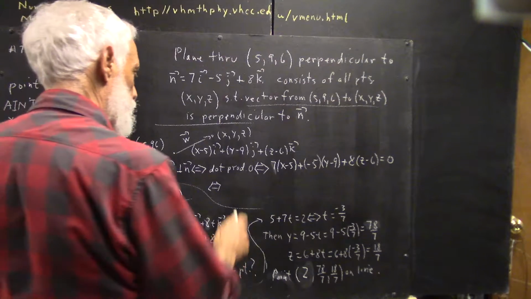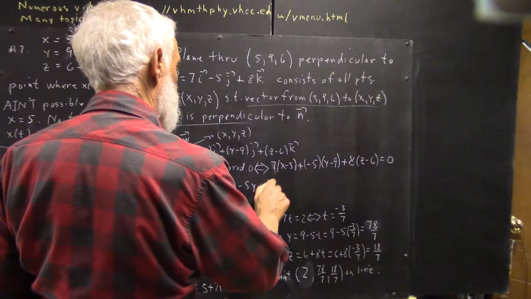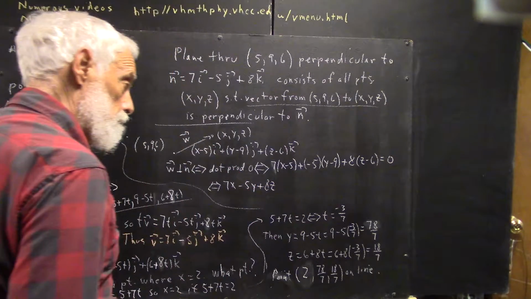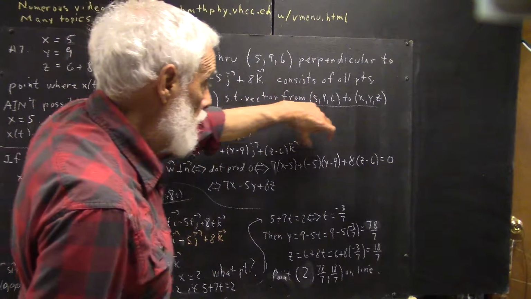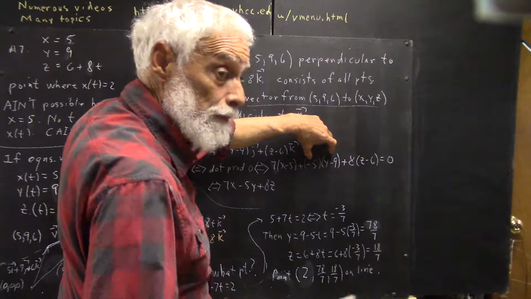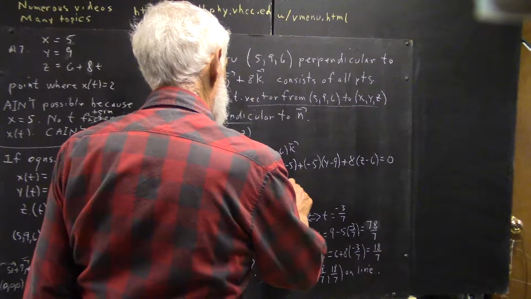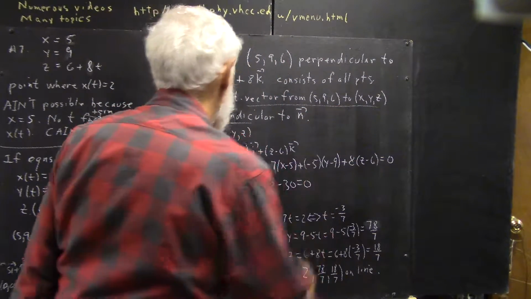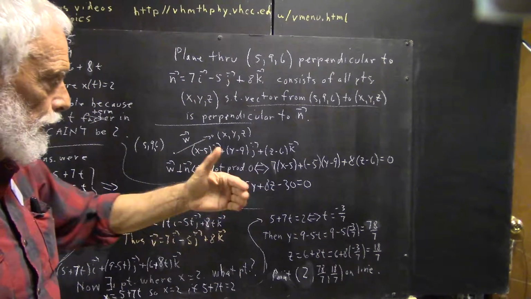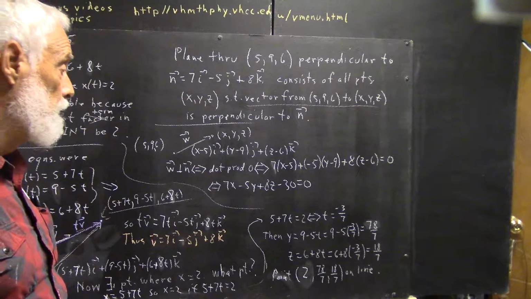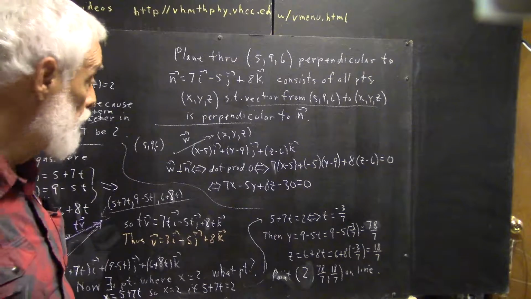Okay, well that's equivalent to what? 7x minus 5y plus 8z. And then the numbers that we get: negative 35 plus 45, that's so far 10, and negative 48, which is minus 30. And if I did that correctly, this is the relationship that x, y, and z have to satisfy, or an equivalent, since we could multiply or divide this by the same quantity.